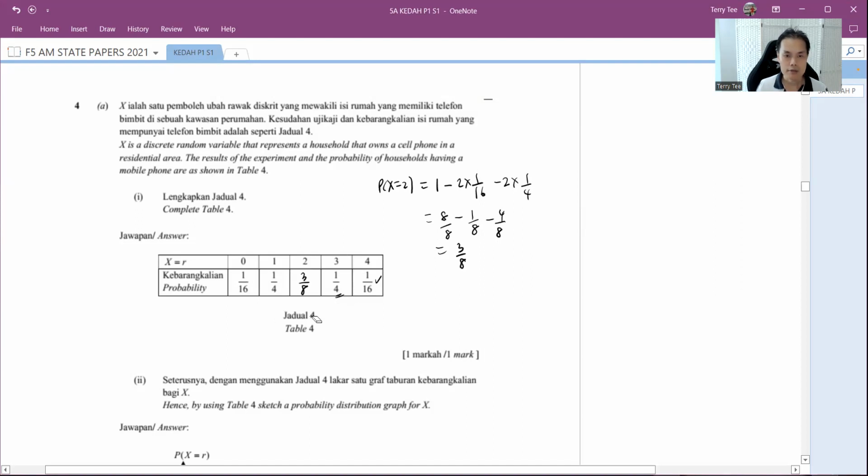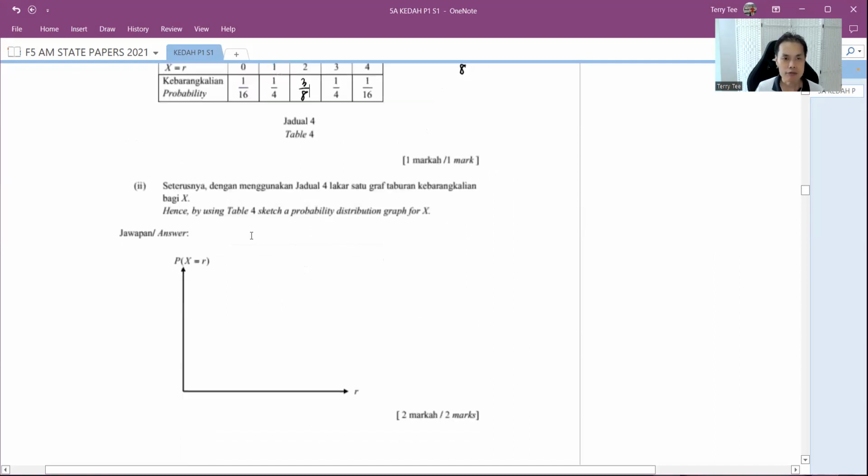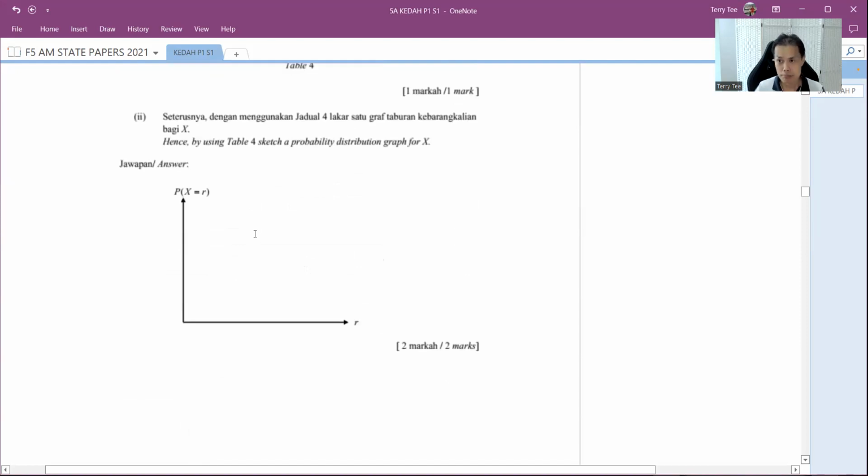Okay, I'm going to erase the rest here to make it clear. Now, by using the table, sketch a probability distribution graph for X. Now, this is a discrete random variable. For a discrete random variable graph, they are all vertical lines, all right? They take a single value.